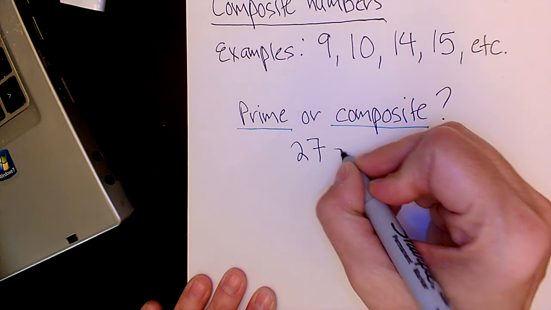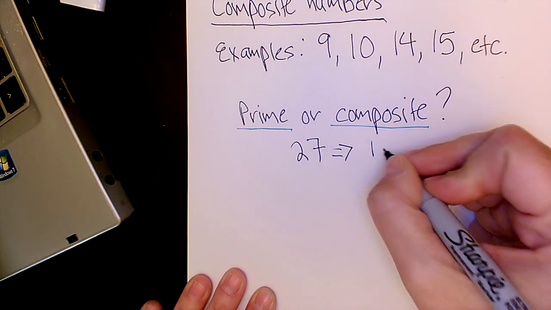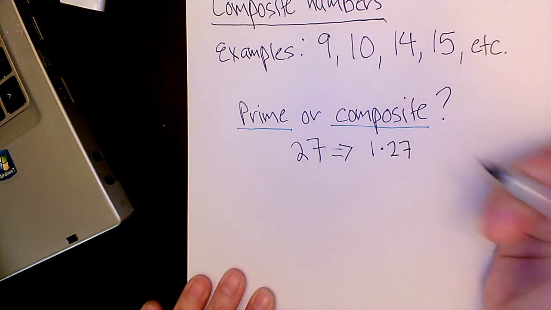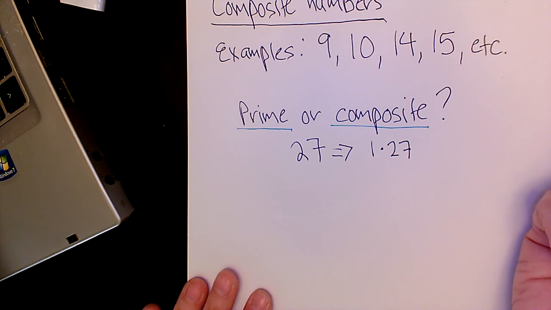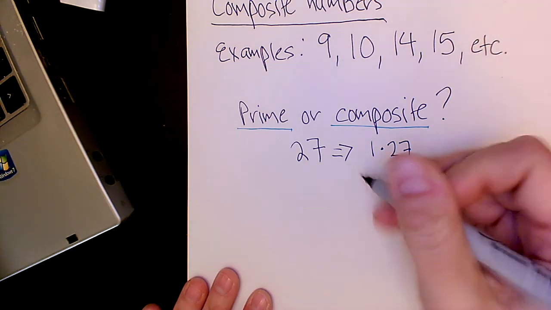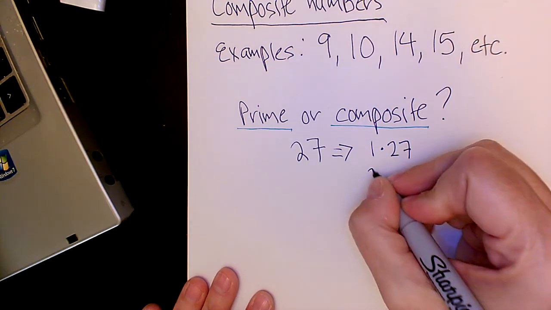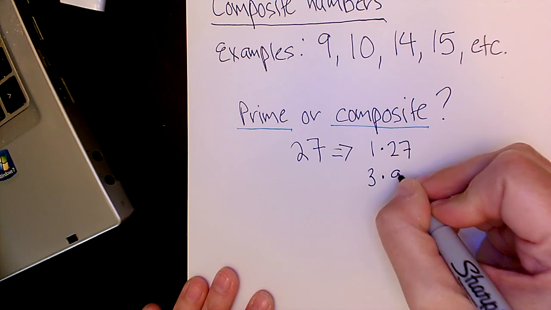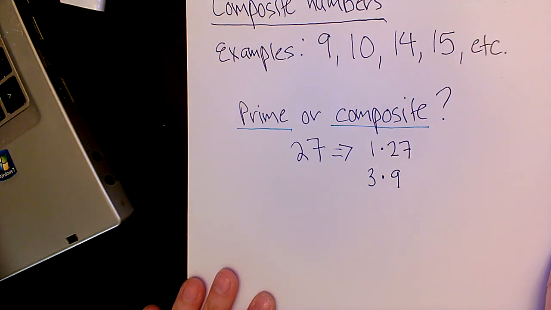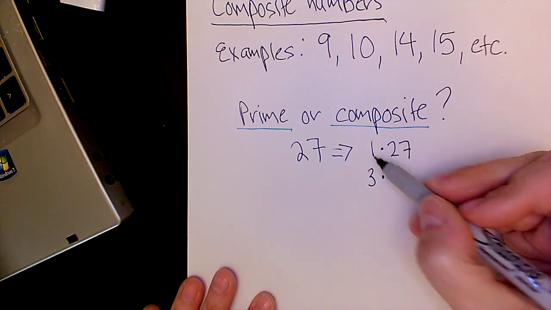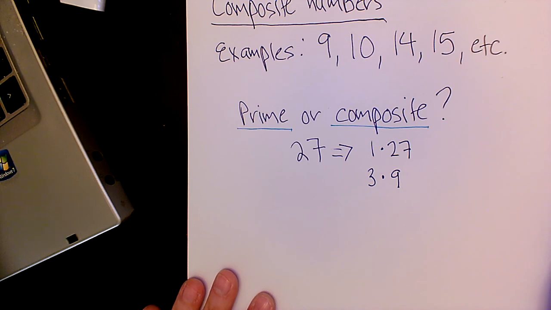Okay. Does 2 go in? No. Does 3 go in? 3 times 9 is 27. So already I have 4 factors.